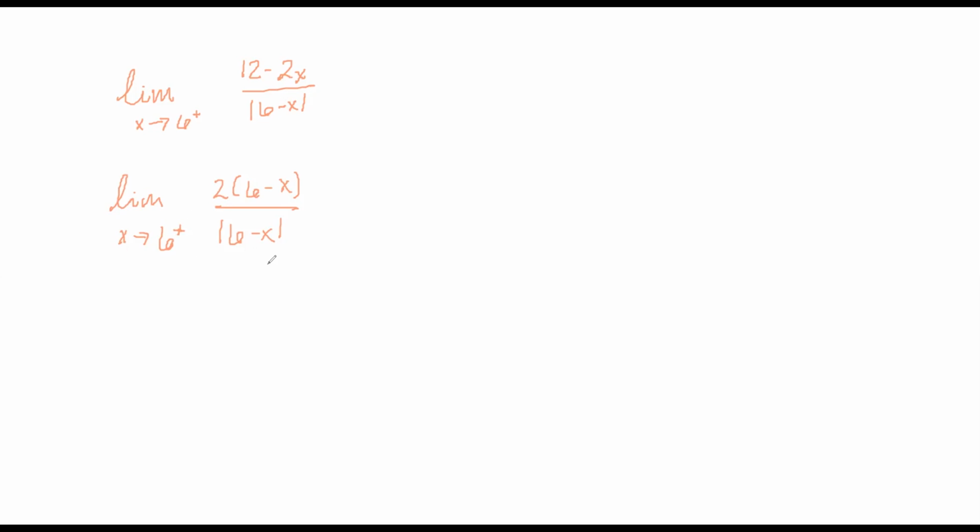Starting off like this, if we're thinking about x approaching 6 from the right, then this chunk down here is going to be negative, yeah? But it's the absolute value, so it's always going to be positive. So it doesn't really matter, does it? This one will always be negative if it's coming in from the right.